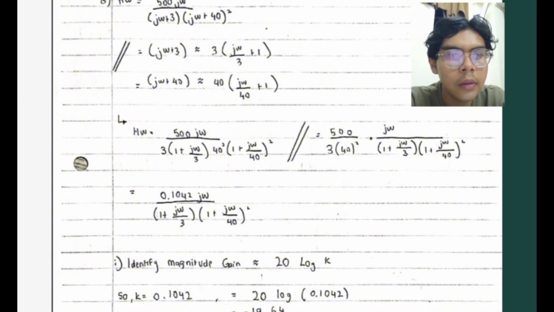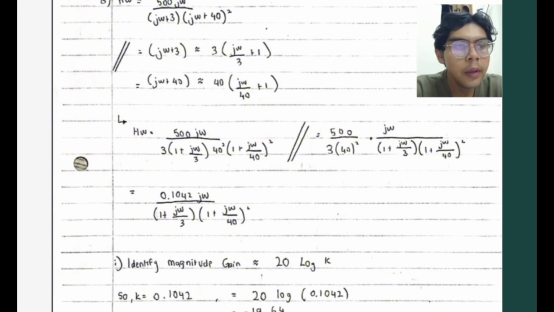We get 500 divided by 3 multiplied by 40 to the power of 2, and on the right side we can just leave the imaginary part, that is jw divided by (1 plus jw divided by 3) multiplied by (1 plus jw over 40) to the power of 2. We can actually get 0.1042 jw divided by (1 plus jw over 3) multiplied by (1 plus jw over 40) to the power of 2.